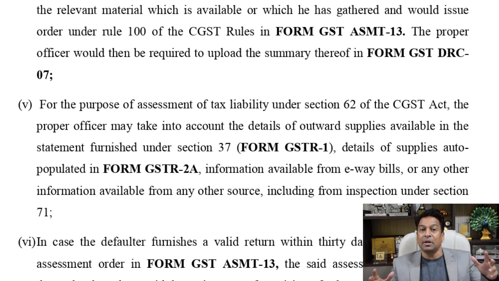From that particular source he can gather the data, and on the basis of his best judgment he can issue an assessment order, best judgment assessment order in form ASMT 13 under Section 62.